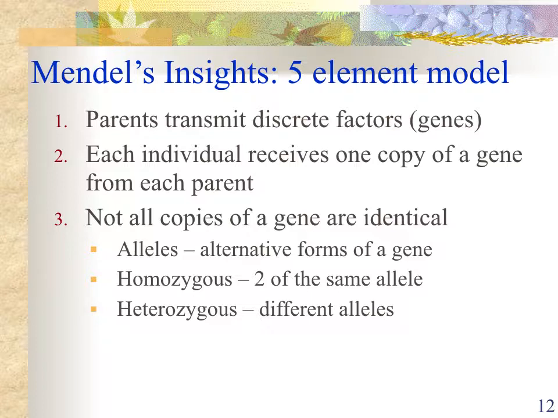Not all the copies of a gene are identical. Okay, you can have these alternative forms, or alleles. If you have 2 that are the same, you're homozygous and true breeding. If you have 2 that are different, you're heterozygous and probably have a hidden trait. Okay, and so these are really important things, and this makes all sorts of sense of patterns of inheritance.